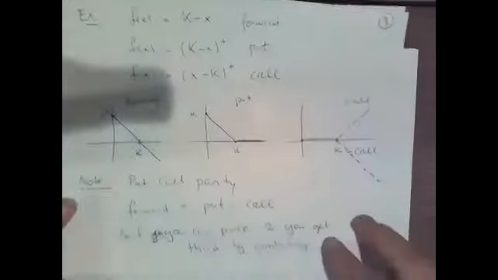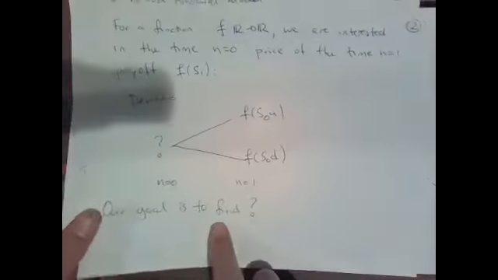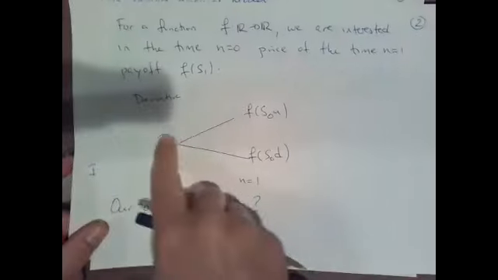We want to go back to the fundamental question of derivative pricing. Our goal is to find this question mark here. And let's start out by doing that in an example. This was the example we ended up with last time.